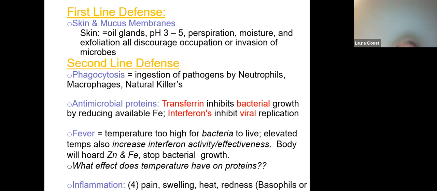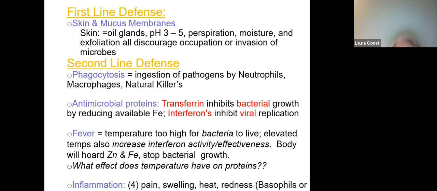And many of these bacteria and viruses are susceptible. They have particular pH ranges and temperatures they like to exist in that are the most favorable. Well, a lot of them, you're going to denature their proteins as well if you increase body temperature.